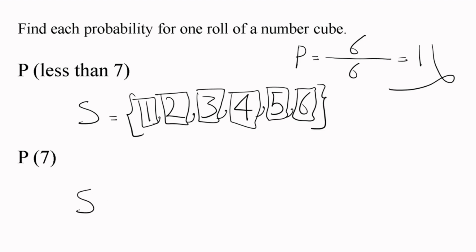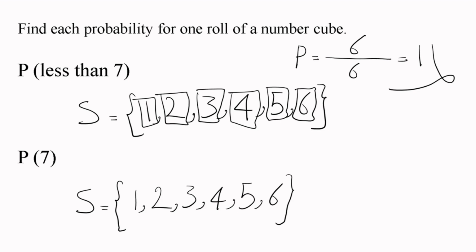Here we have P of 7. As I told you, always start with writing the sample space. 1, 2, 3, 4, 5, and 6. Okay, I want the result to be 7. Look at the sample space. Do I have any 7? No. So having 7 is not a possible answer.